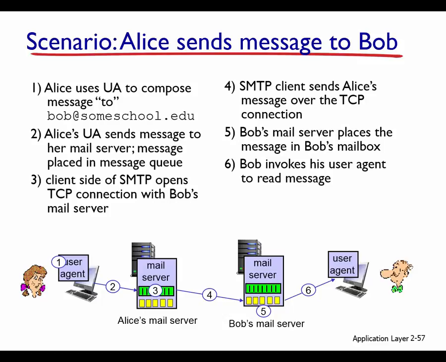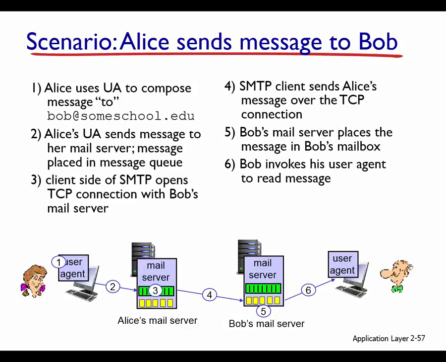And that's basically step 2. The mail server then places the message in its message queue. Then, when it's ready to send the message out, the mail server opens up a TCP connection with Bob's mail server.